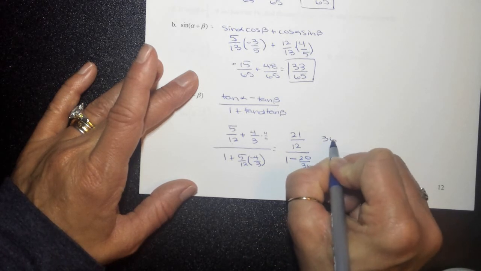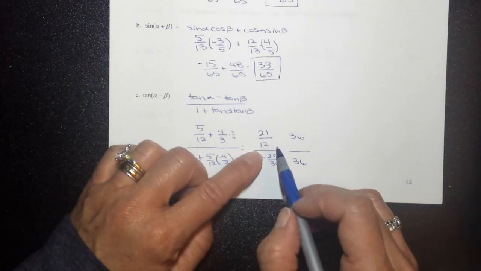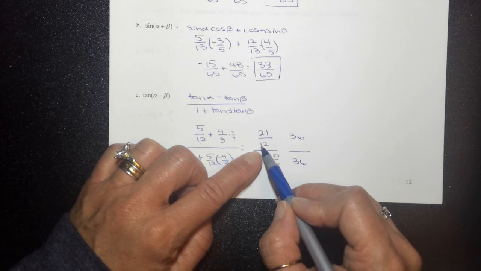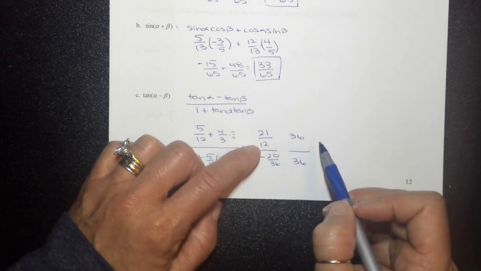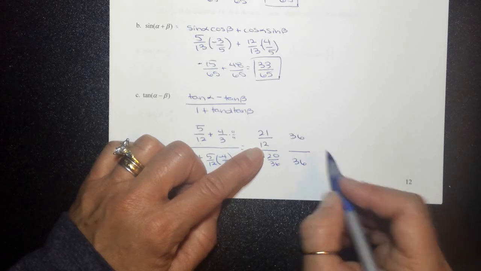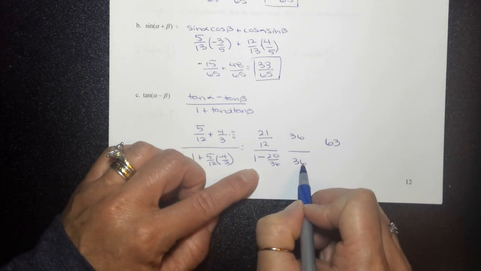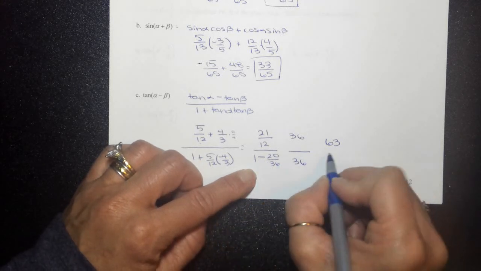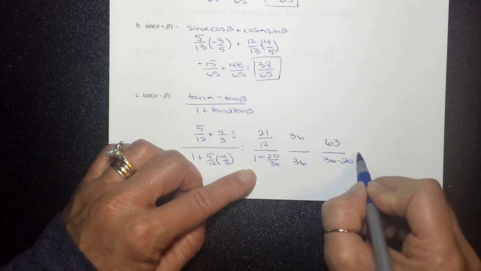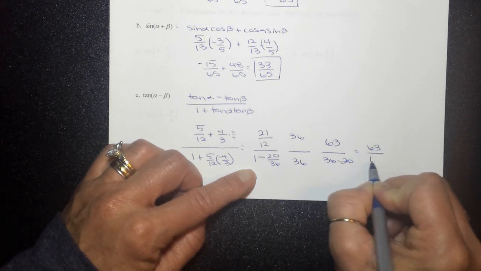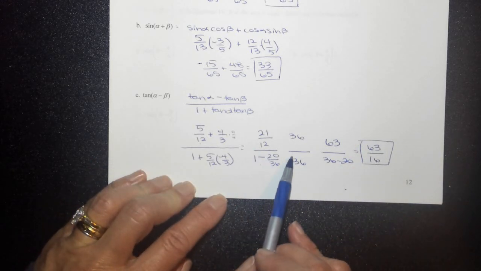So I'm going to multiply by 36 over 36. So this actually reduces to 3. So what is that? 63. And then here when I distribute, this is 36 minus 20. So I end up with 63 over 16. Okay, you cannot leave your answer as a complex fraction, so you have to get rid of that.